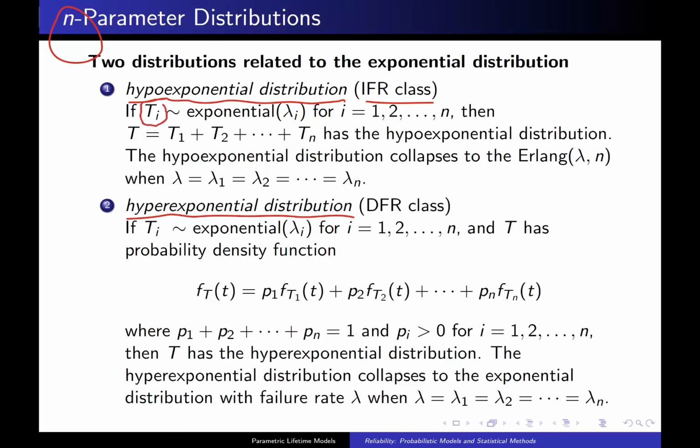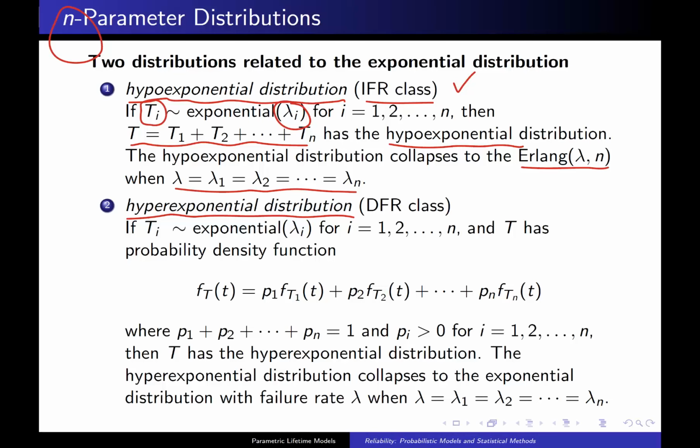If t sub i is exponential with parameter lambda sub i. Now notice that all of these lambdas do not have to be the same here. Then when that's true, their sum has the hypo-exponential distribution. And when all of those parameters happen to be the same, this collapses to the Erlang distribution. That's one that falls in the IFR class.